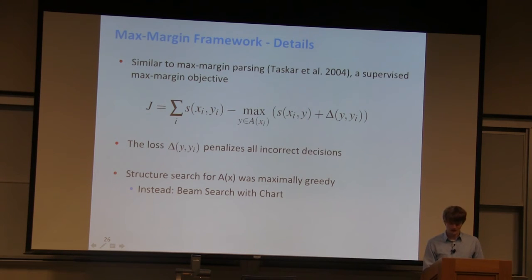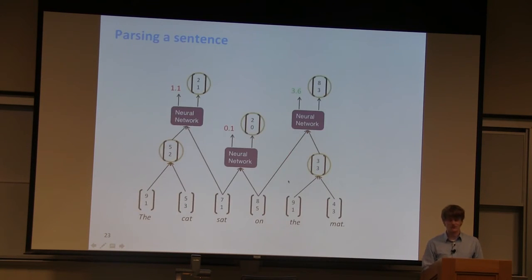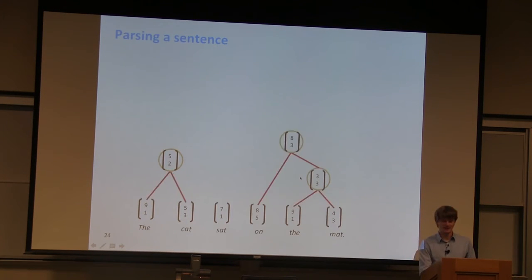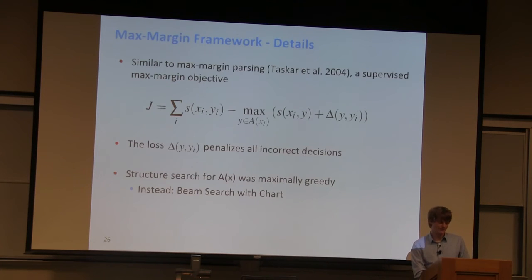So far, the structure I described was just a greedy version. It's the simplest way. But maybe you make a mistake internally and you want to be able to recover, so you might want to keep around multiple possible choices that you may have made. One way to do this is a beam search. Don't worry if you're not that familiar with that. You're not going to have to implement beam searches or charts.